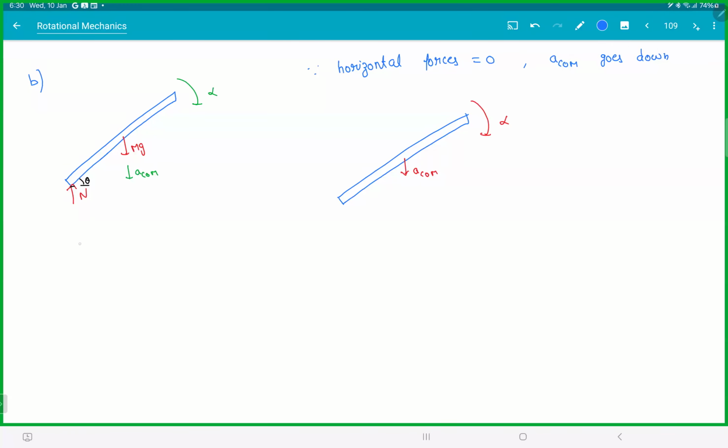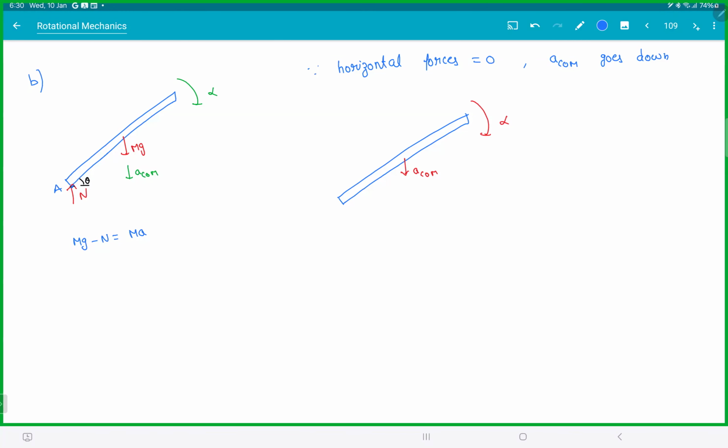So force equation: mg minus N is equal to ma. Can you take torque about the bottommost point? Yes, no. You can't take. Why? This point is moving now. The point A is moving. You can't take, then you have to apply a pseudo force here. This is what I was saying. If you're taking torque, first check whether that point is accelerating or not.